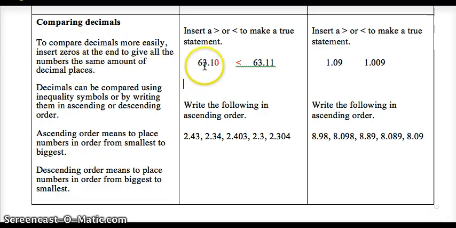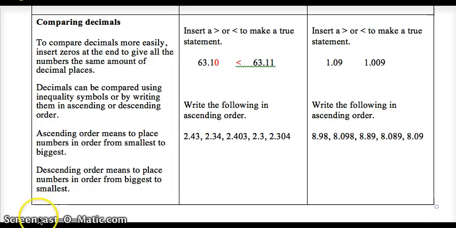Now, notice I've added in a 0 there, so to actually compare decimals more easily, you can insert zeros at the end of decimals because it doesn't change their value. But if they've both got 2 decimal places, you can compare them a lot easier by reading 63.10, 63.11, and then we know that this 11 one is bigger than that 10 one. So remember, the big open mouth faces the bigger number.